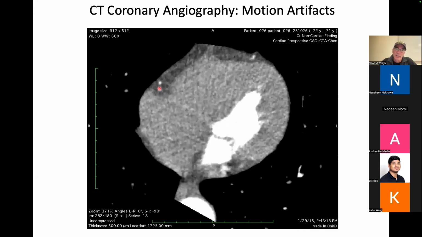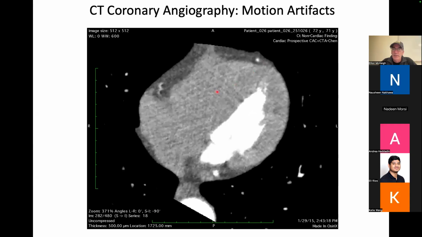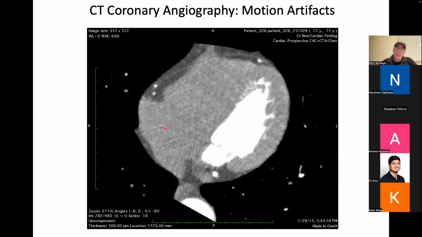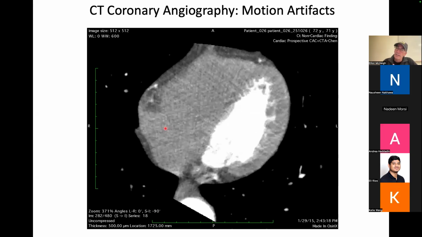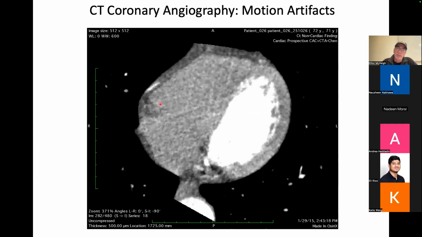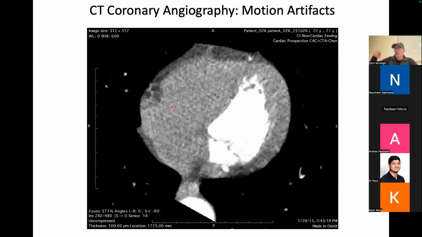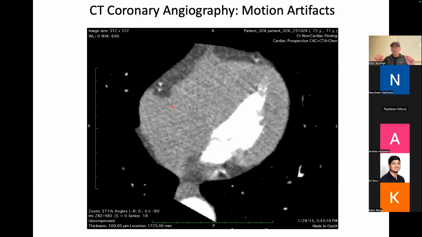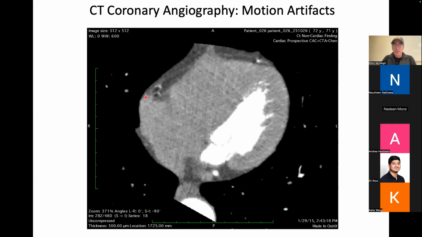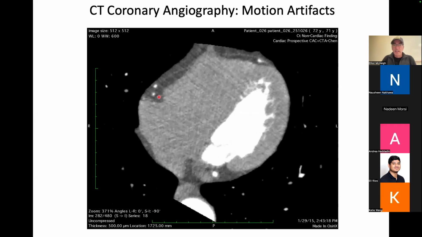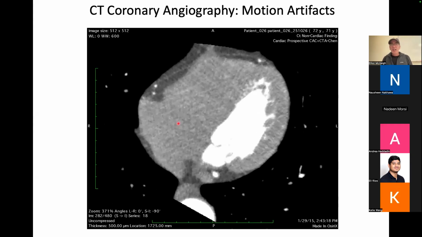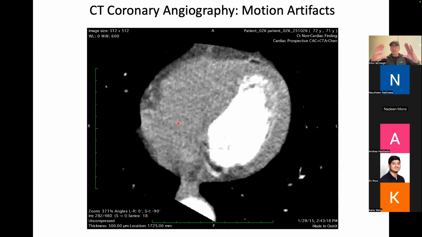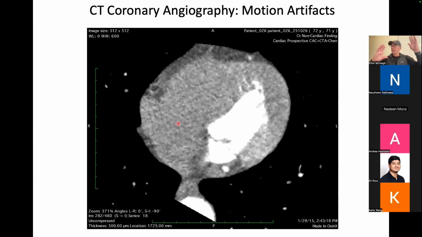So this is the right coronary artery up here, this is the left, and you can see the motion artifact associated with imaging that coronary artery while it's in motion. Okay, so look, it looks almost like it's a cycloid artifact, right? So in one, there's this big streak, the artery turns into a streak, and then there's another where there's this cycloid artifact. A lot of it depends on what is the orientation of the projections being obtained at the peak of that motion.